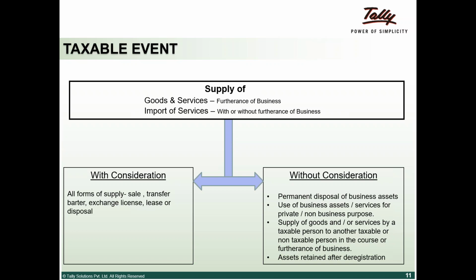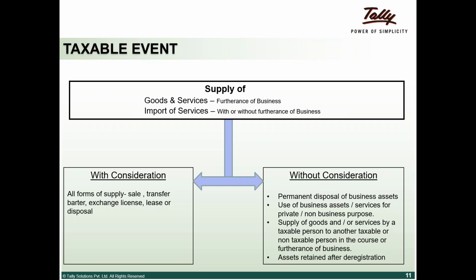Now, as I just explained, there is a supply which is required. Supply of goods or services is very much required to make a taxable event. The second leg of the transaction says that it should be supply of goods or services for furtherance of business, that is, for business purpose. From A to B, transfer of goods is for business purpose.